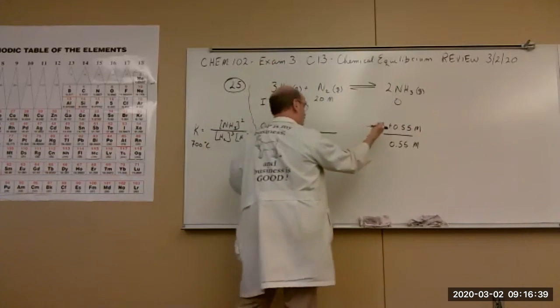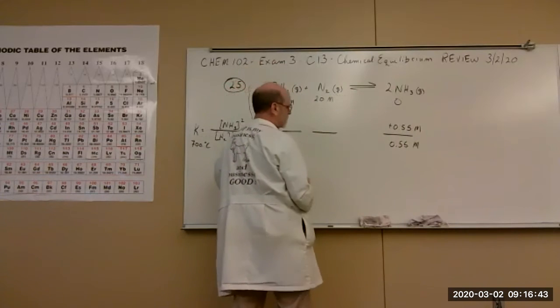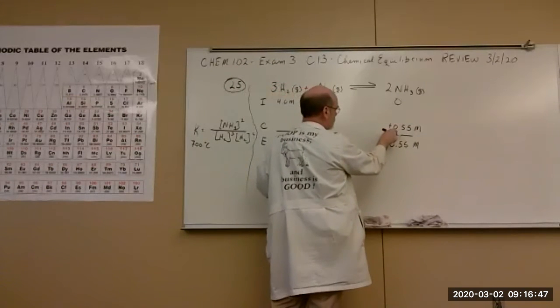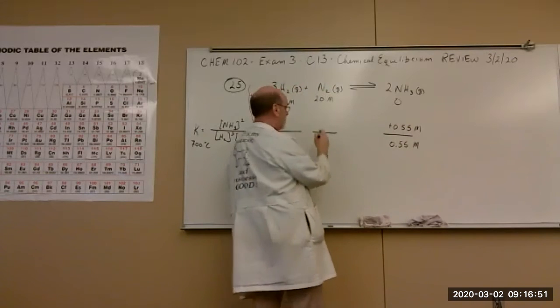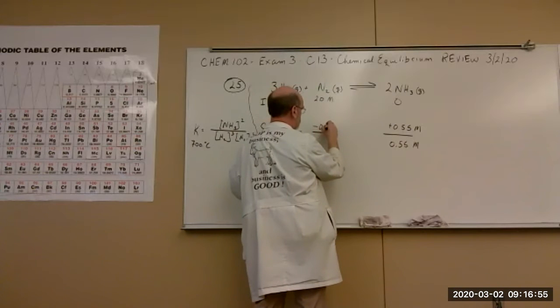Okay, now that we know that, we know where it came from. We had to subtract from these. Right? So if this is double, then single would be half of that, wouldn't it? For nitrogen, which would be 0.275.